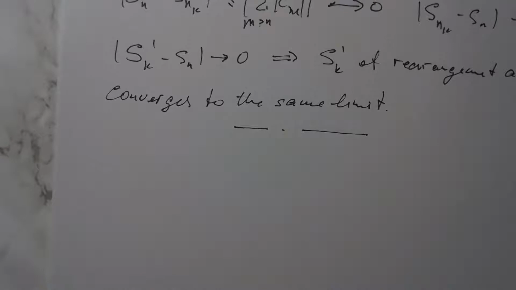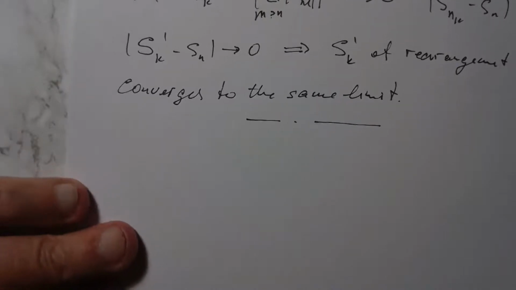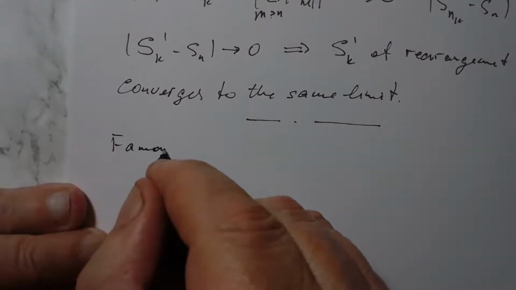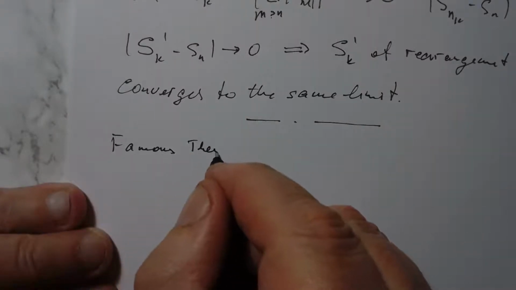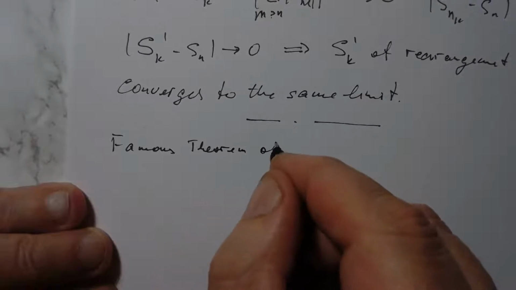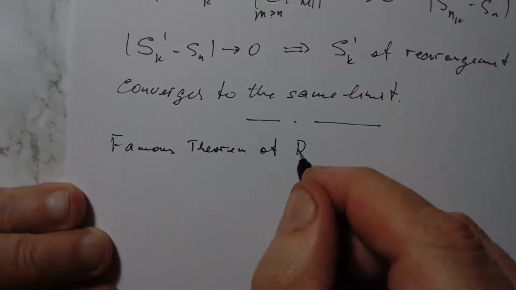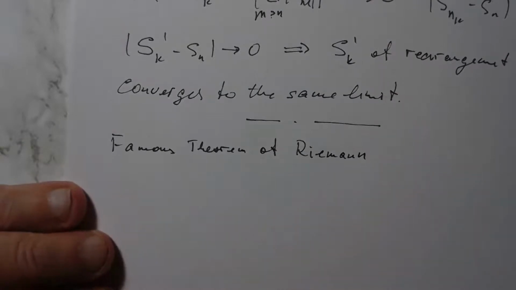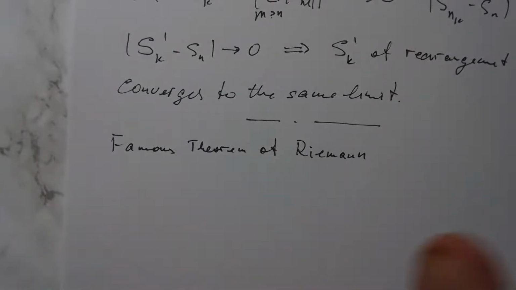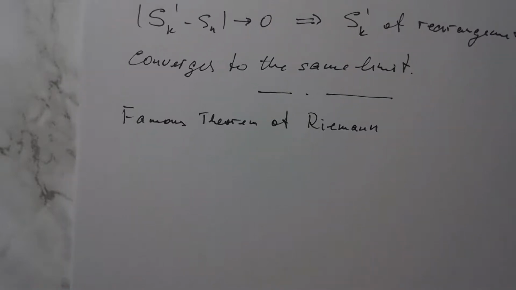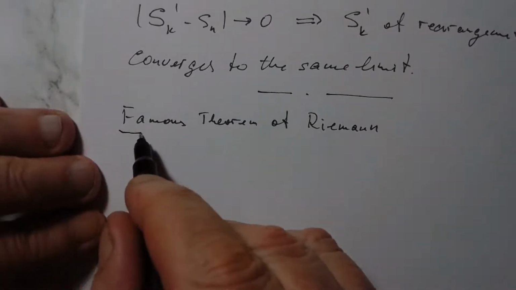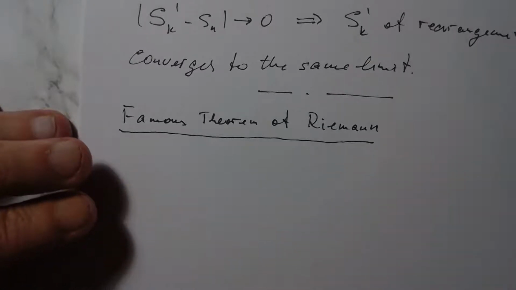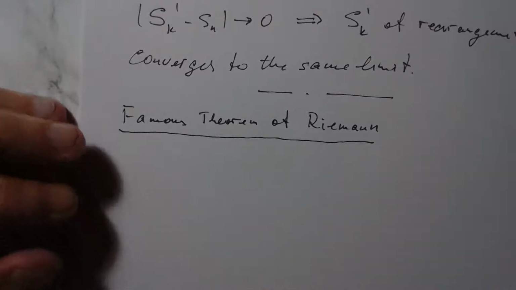Okay, the really interesting part about it is the second part, and it's a very famous theorem of Riemann, and Riemann is one of the leading mathematicians of the 19th century. So it's a very famous theorem of Riemann that says something absolutely spectacular about rearrangements. And that will be the last topic in this particular chapter.